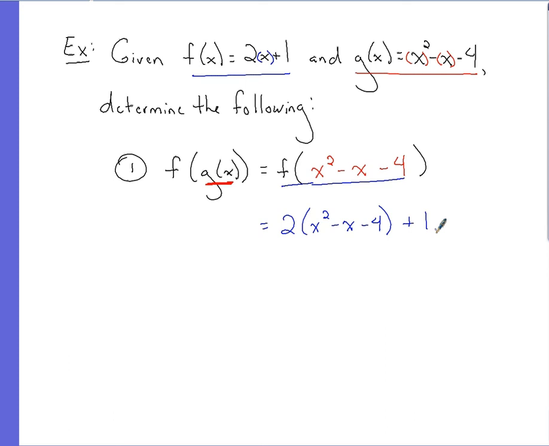If you distribute your 2 through to clean this up a little bit, you get 2x squared minus 2x minus 8. And that minus 8, I would add to that 1 to make minus 7. So f of g of x for this problem, based on the given functions, would be 2x squared minus 2x minus 7.